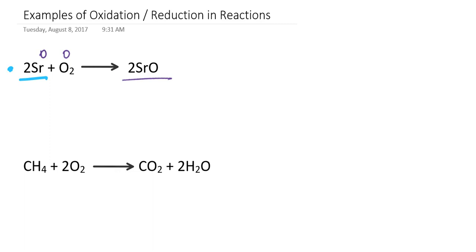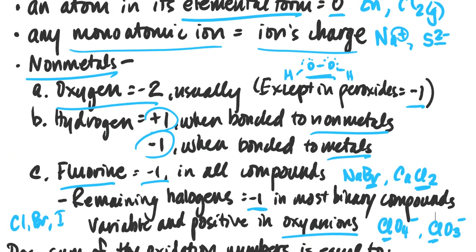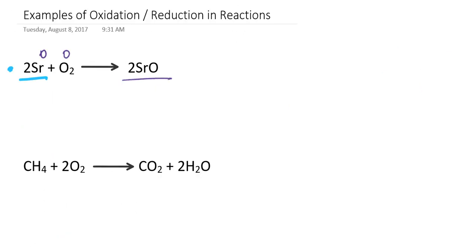Now, if I look over at the product side, strontium oxide is not an element, that's a compound. So what I'm going to have to do is refer back to my rules of oxidation numbers and see if I can figure out the oxidation numbers for this particular compound. Now, the easiest thing to do here is consider the oxygen first. We said that oxygen in every compound but peroxides should have an oxidation number of -2.